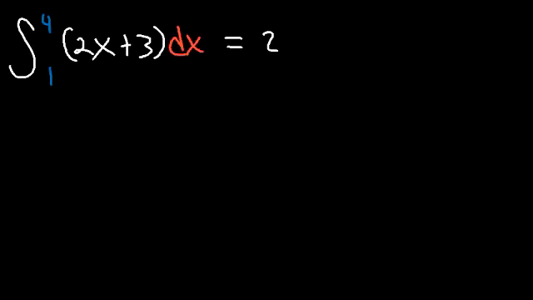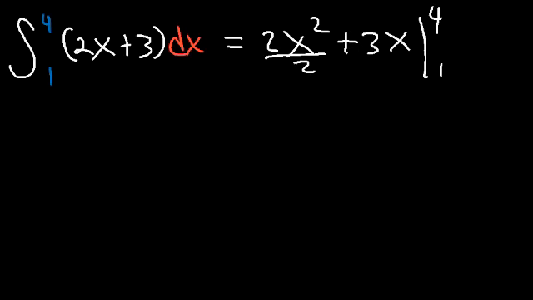Calculate the value of this integral, 2x plus 3 from 1 to 4, and also use geometry to confirm your answer. So this is going to be 2x squared divided by 2 plus 3x. And we can cancel these, so it's x squared plus 3x.